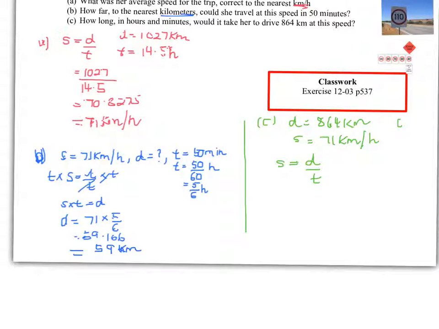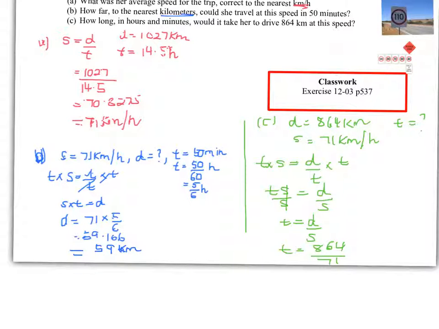The question is we're trying to find time. So if I multiply both sides by time, I get time times speed equals distance. And we want time by itself, so I can divide both sides by the speed. So time equals distance over speed. But you should be able to do that by yourselves without having to do any of this working out. It's up to you. So time is the distance, 864 kilometres, over the speed, which is 71.